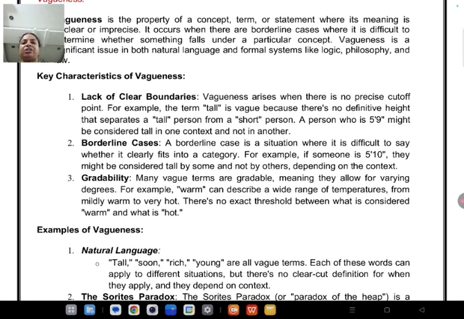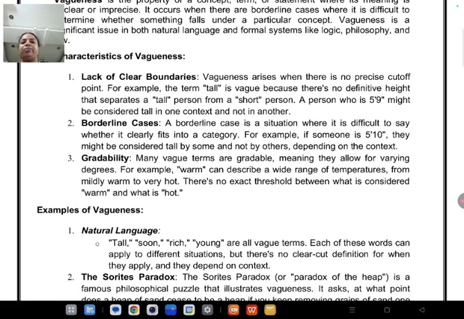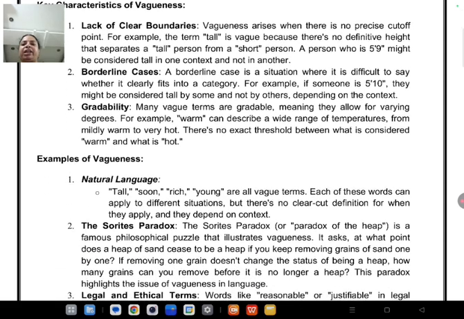The key characteristic of vagueness is lack of clear boundaries. That is, whenever we are not able to decide the boundaries of the information, in which concept or in which domain we are actually discussing the topic, we get vague information. Next are borderline cases.